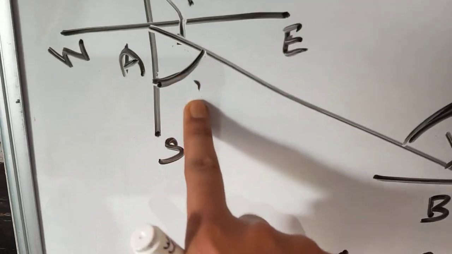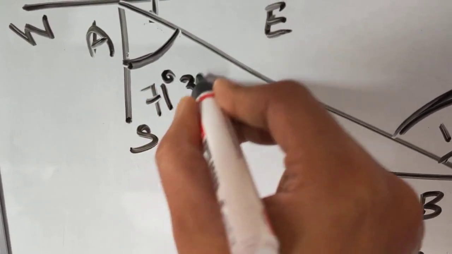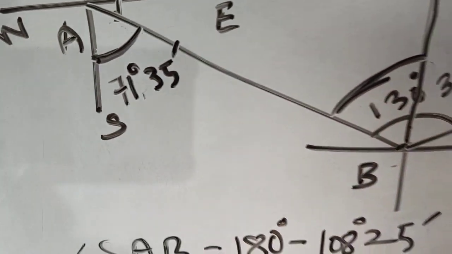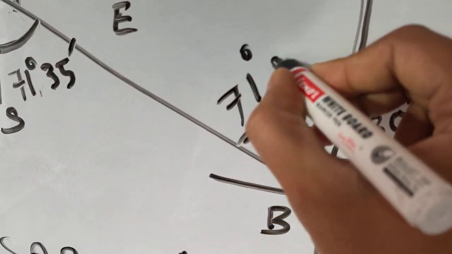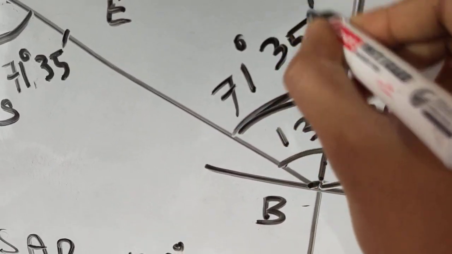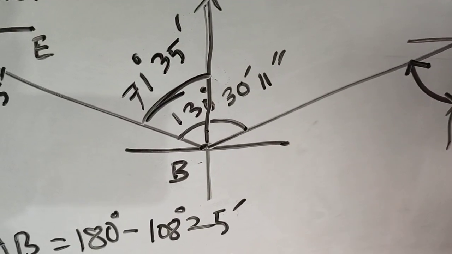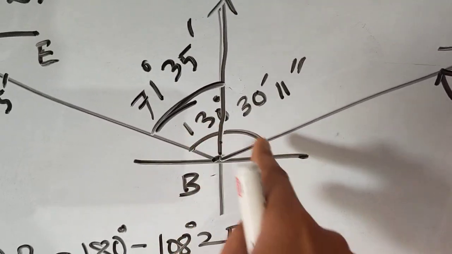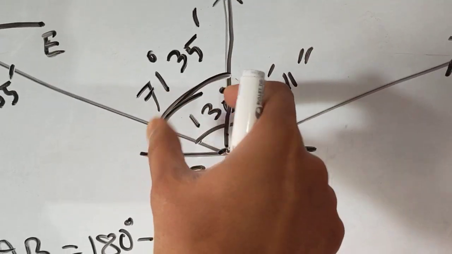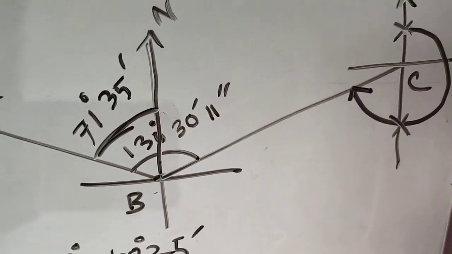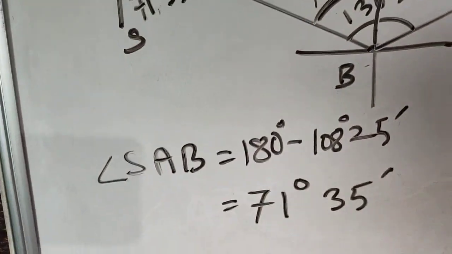So this is 71 degree 35 minutes. So this angle is also 71 degree 35 minutes. Okay, but we know this whole angle, so we can easily find out this angle because we know this. So what will be angle NBC? So let us try and find out.